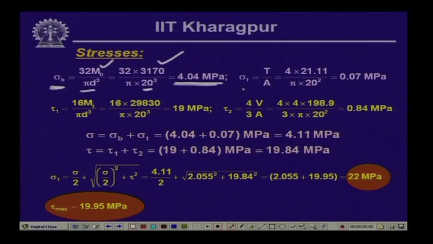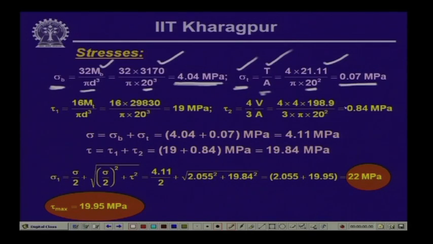Also, the normal tensile stress generated because of the tensile pull is equal to T by A, and the tensile pull which we have seen is 21.11 Newton divided by pi d square by 4. So, d is 20. This gives us a value of 0.07 megapascal.